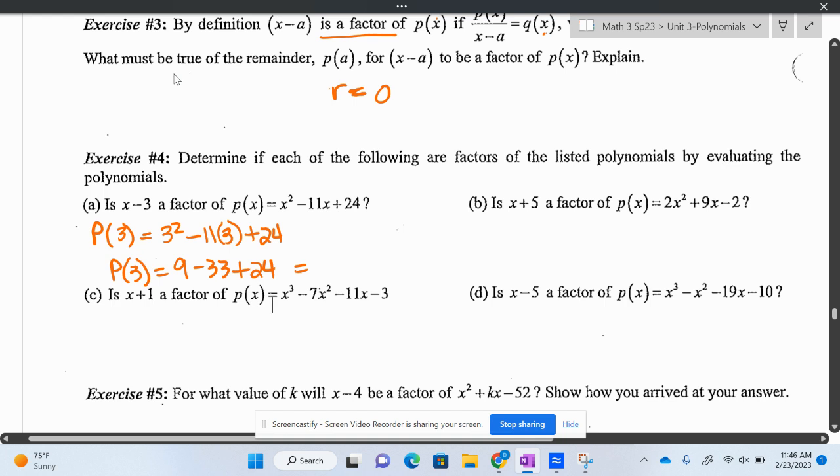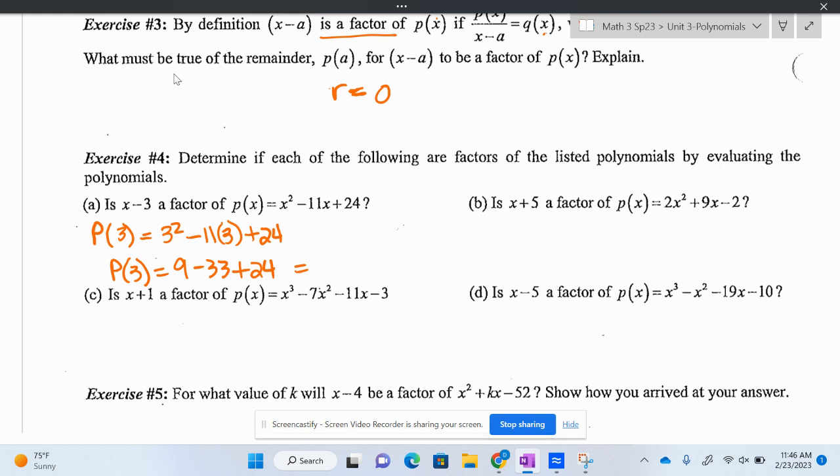Someone calculate it. What is 9 minus 33 plus 24? 0. It's 0. So what does that mean? Is x minus 3 a factor? Yes, because r equals 0. You have a remainder of 0. Okay, does that make sense?